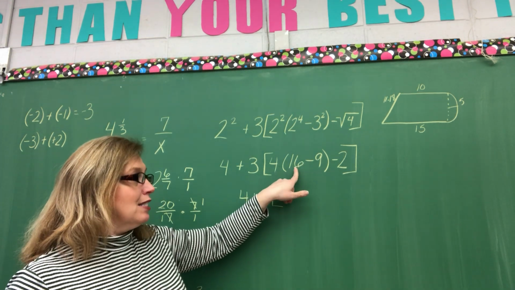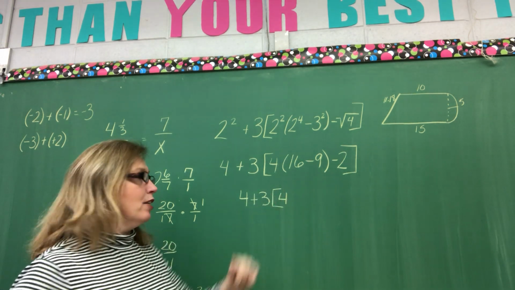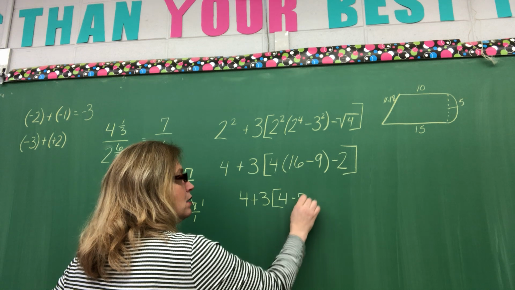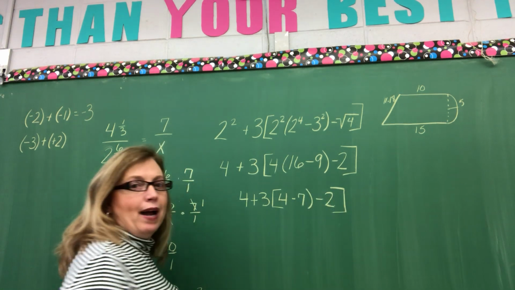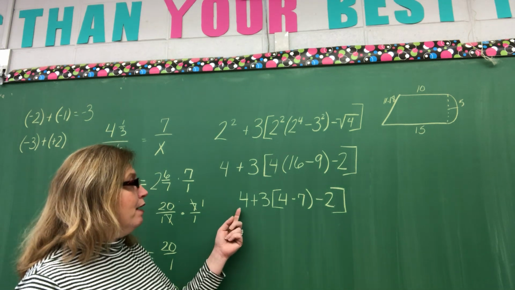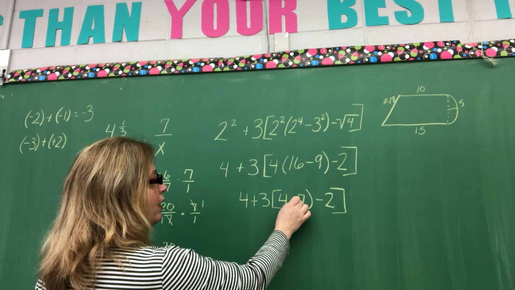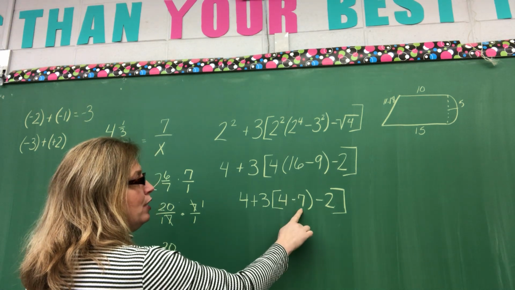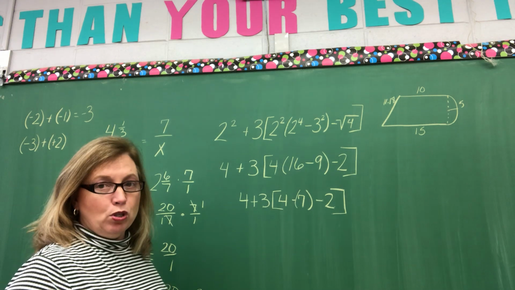What is 16 minus 9? The answer is, of course, 7. Minus 2 and our bracket. Next, we say 4 plus 3 bracket. Oh, wait, right here, we have a multiplication. We have our bracket here around the 7, and this, of course, means to multiply.